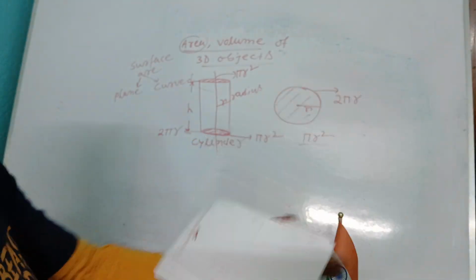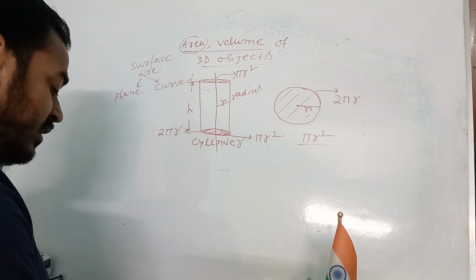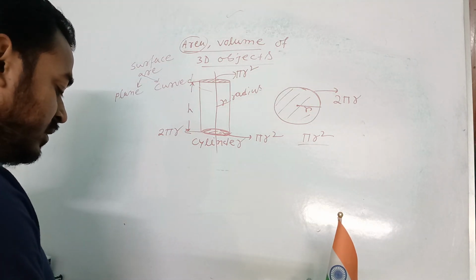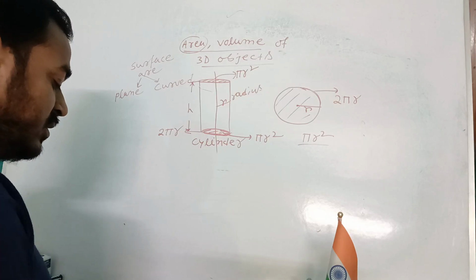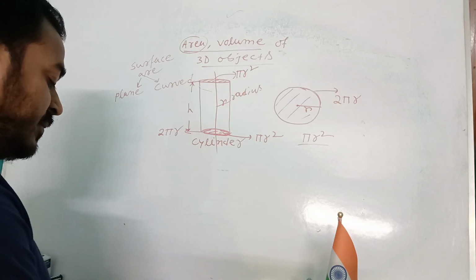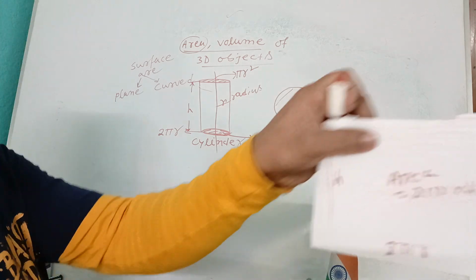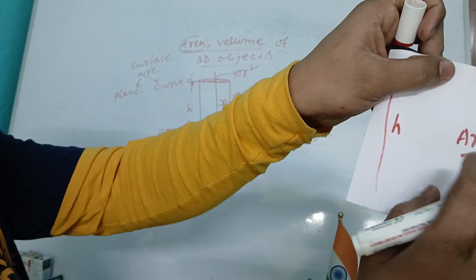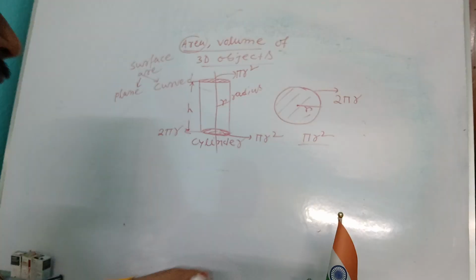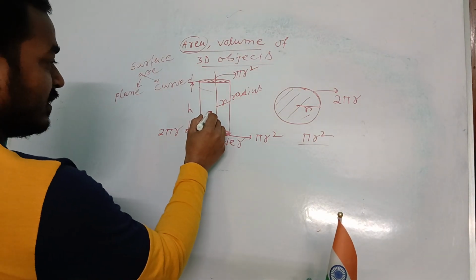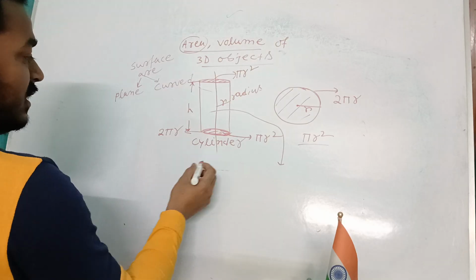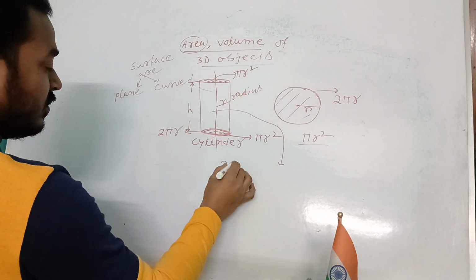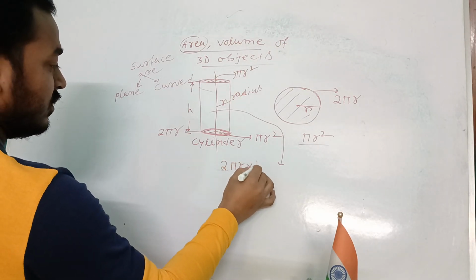What is the area? The area is equal to 2 pi r into h, unit square. So that's why the curved surface area of the cylinder is 2 pi r into h.